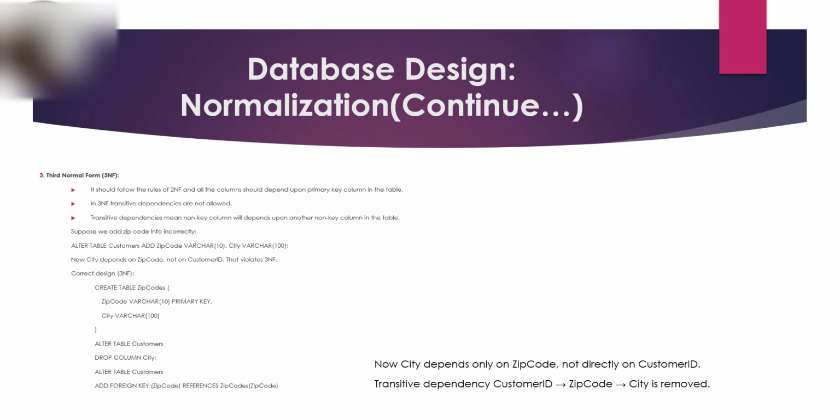So the correct database table design is that we create a new table, that is zip_codes, and we can drop the city column from the customer table, and we can add zip code to the customer table, referencing the primary key zip code of the zip_codes table.